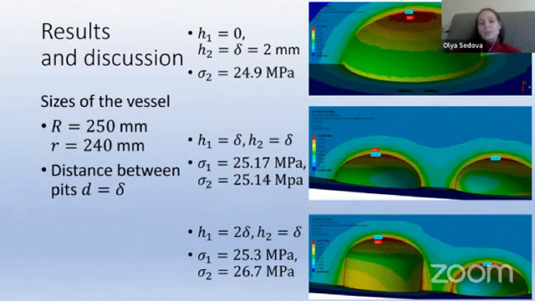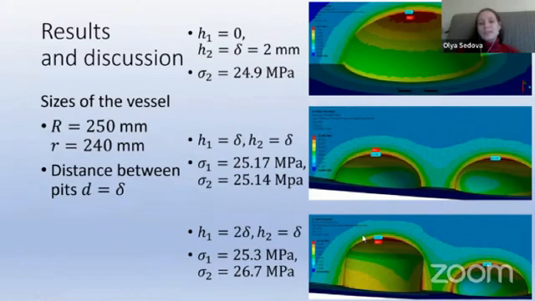But the distribution of the stress field changed a little. At the initial geometry, when we have shallow pits, we have the maximum stresses at the bottom of the pits.